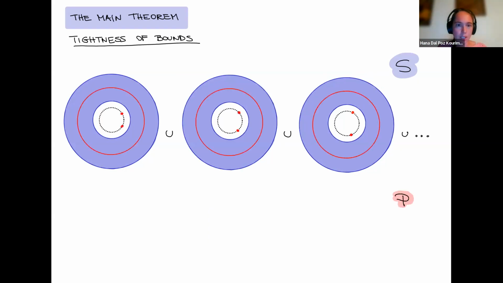And then the set P looks like this. For each annulus, there will be a circle in the center, let's say, of the annulus. And then in the center of each annulus, there will be 2 points chosen in a very particular manner.